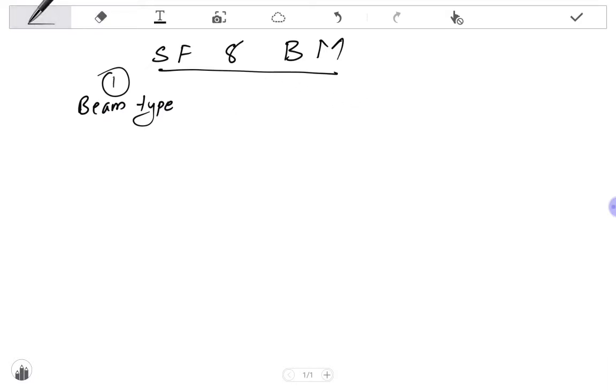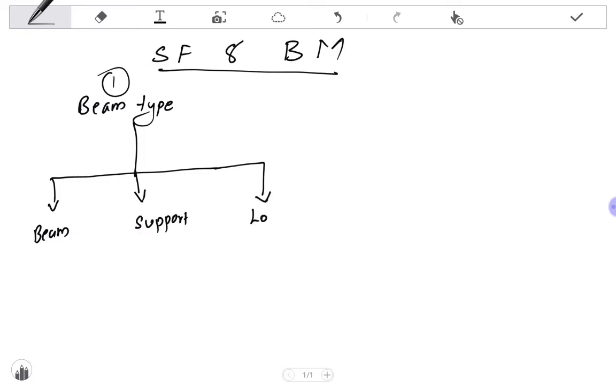For beam type problems we have three different categories: a simple beam, a beam with support, and a beam with load on it.